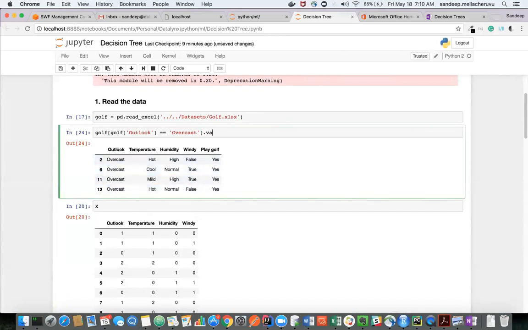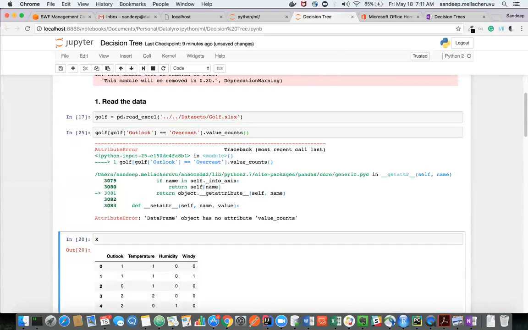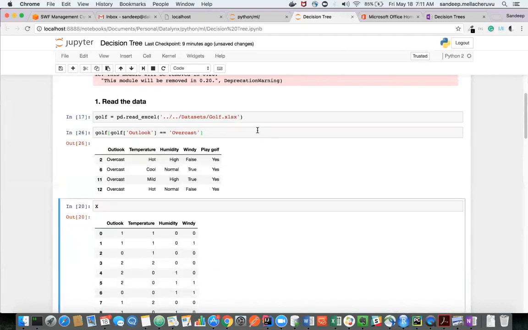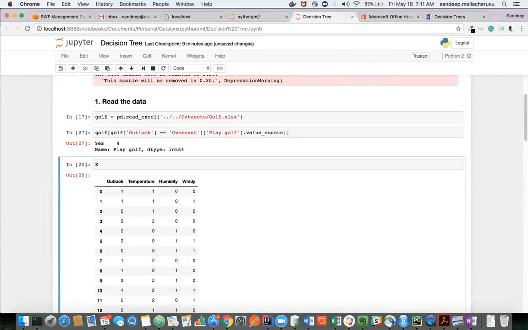Now on this, if I do value_counts, sorry, on this I have to select only play golf dot value_counts. Then I'll get the counts. All are yes.